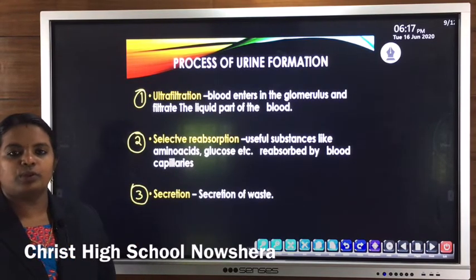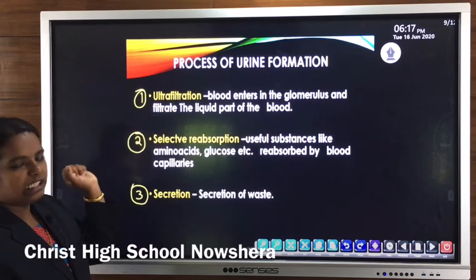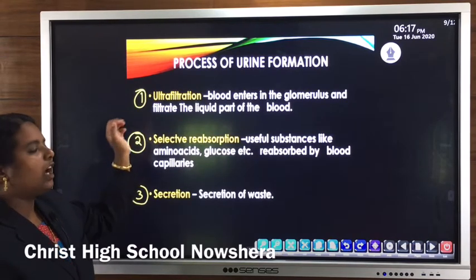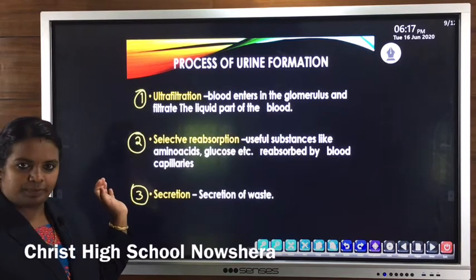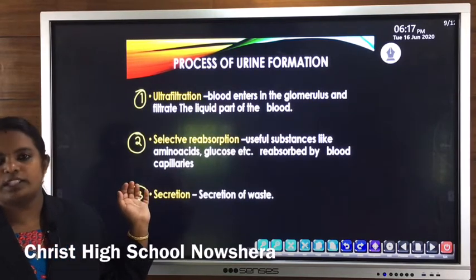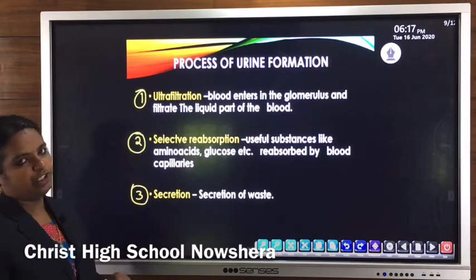Clear? So the filtration process is known as ultrafiltration. Then after ultrafiltration, selective reabsorption of useful substances takes place, and the third process is secretion of waste material.